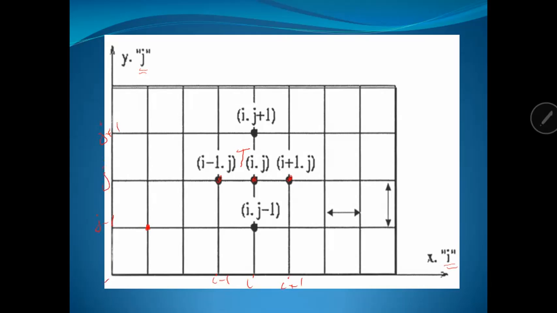That means we have several horizontal lines and several vertical lines, but I cannot show all the lines in this picture. Then the position i, j is here. The positions i plus 1 j, i minus 1 j, ij minus 1, ij plus 1.